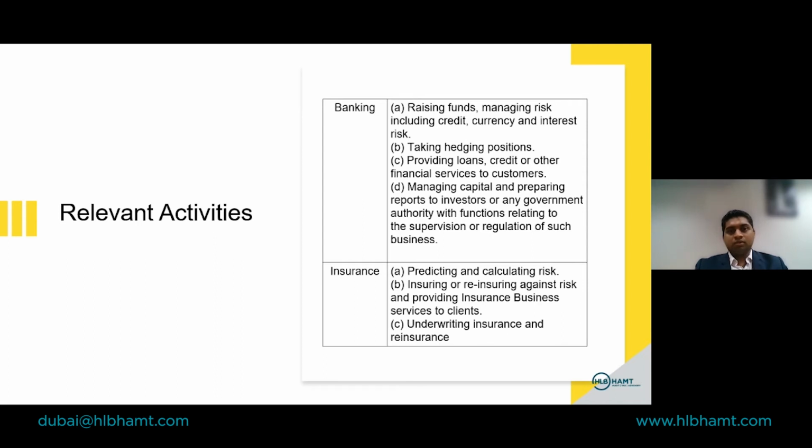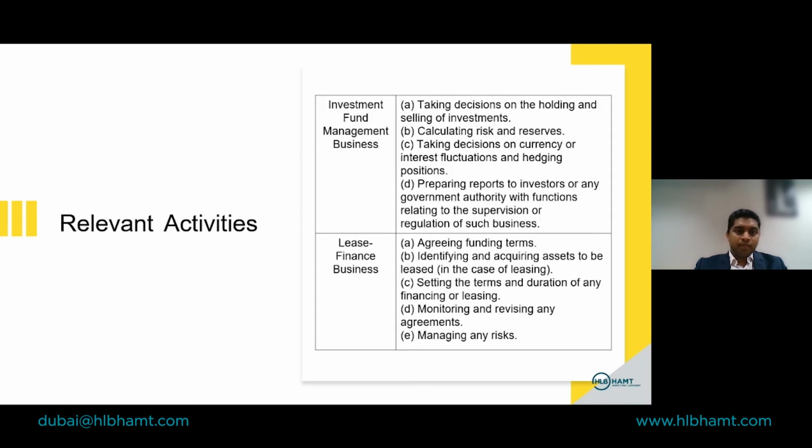When it is issued by the central bank, it is banking, and if it is issued by the insurance authority, it's an insurance company. So they are directly covered under that. There is no doubt on what is banking and insurance. Then it comes to investment fund management, the third activity, where you are providing discretionary investment related advisory services.